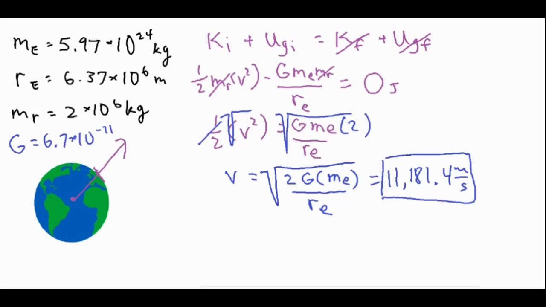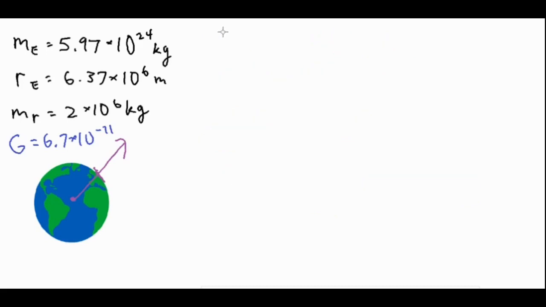All right, so that's our escape velocity for a rocket or anything else, because as we saw earlier, the mass of the actual rocket did get canceled out. So whether it's a rocket that's 10 kilograms or millions of kilograms, you're still going to have the same escape velocity. Now for the second problem, we're still going to have the same setup.